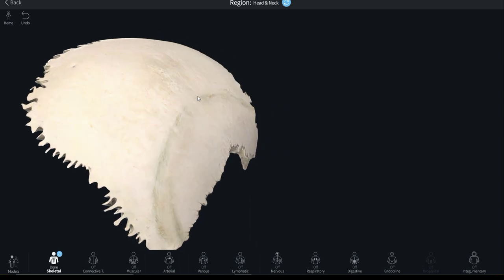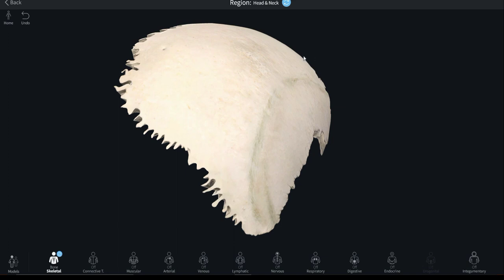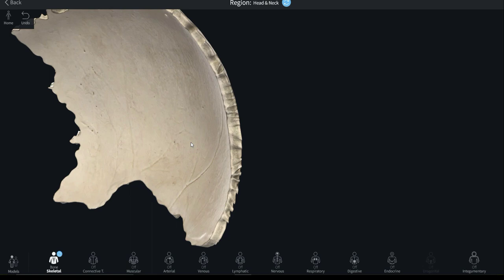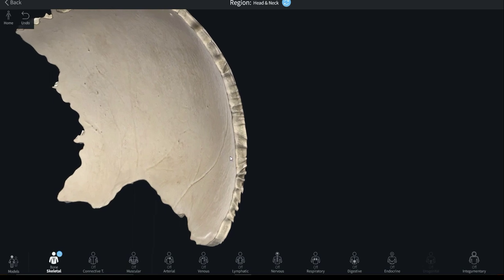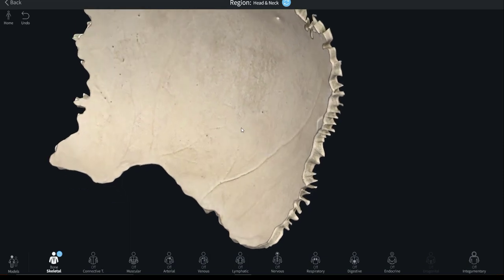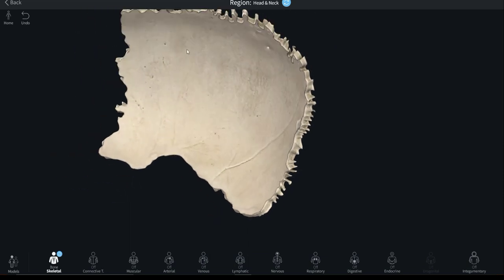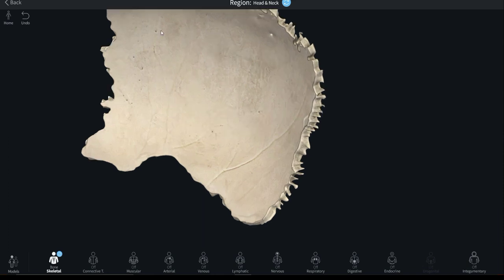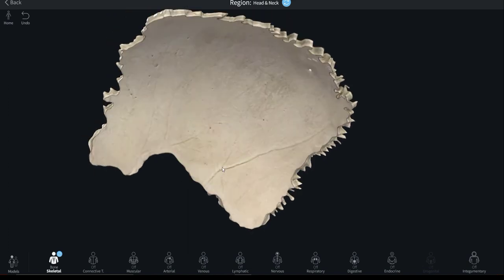Okay. So now that we have talked about the outer surface of the parietal bone, we are free to talk about what lies inner to the parietal bone, right? The inner aspect or the inner surface of the parietal bone is not convex, it is rather concave. And the very first thing that we notice when we talk about the inner aspect of the parietal bone is these vascular markings.